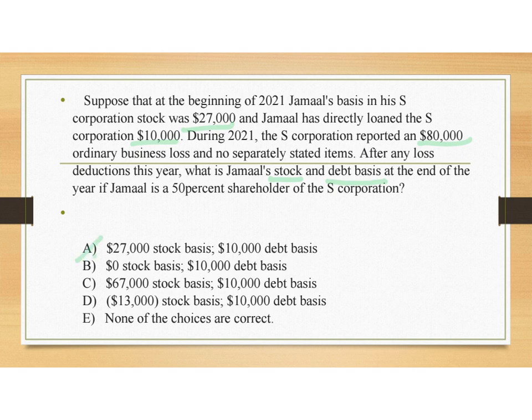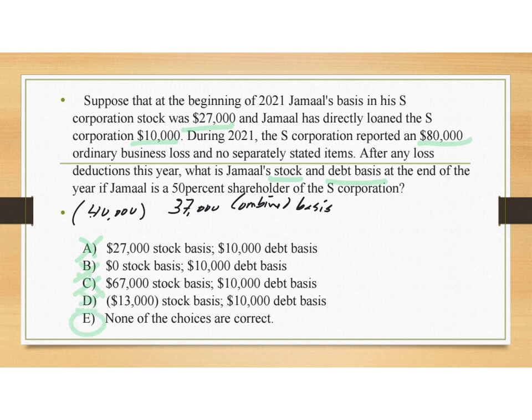Well, we know that A is not correct, because remember that half of that 80 was $40,000, and that was his share of the loss. He had a $37,000 combined basis, and we used it all up because we had a $3,000 suspended loss, so we know that's not right. We know you can't go negative.